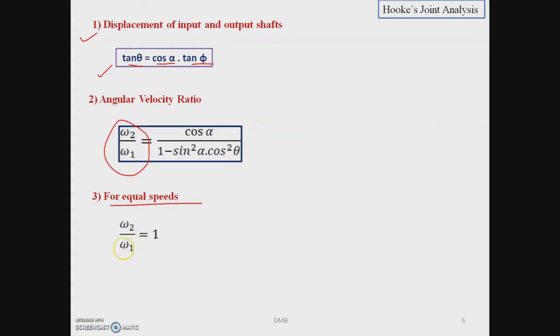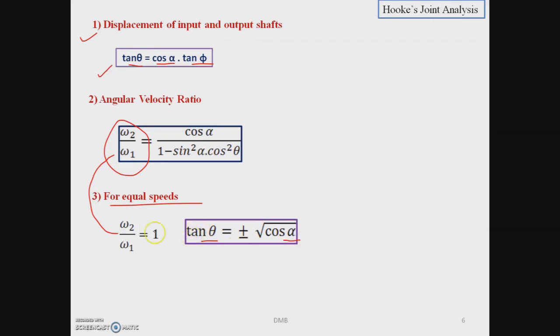So by putting omega 2 upon omega 1 equals 1 in this equation, we get the relation between the angular displacement of input shaft and the angular misalignment between both the shafts, alpha, which is tan of theta equals plus minus root of cos of alpha. So for equal speeds, tan of theta equals plus minus root of cos of alpha.